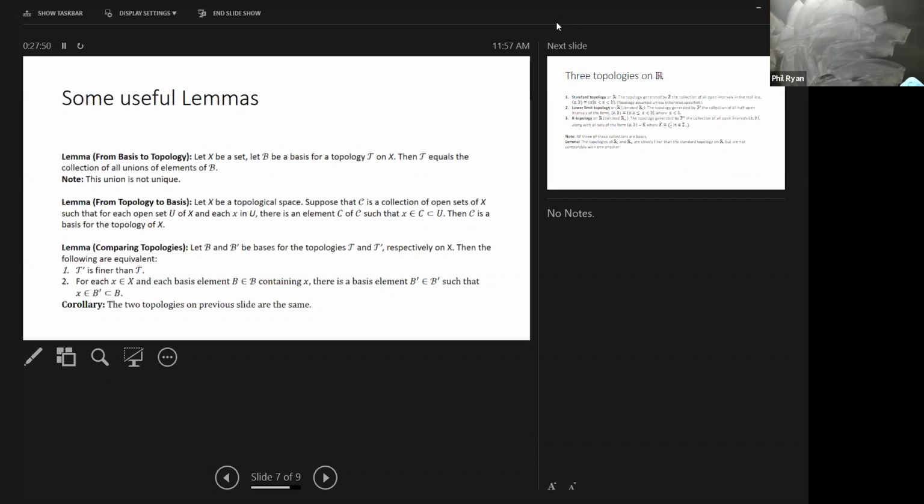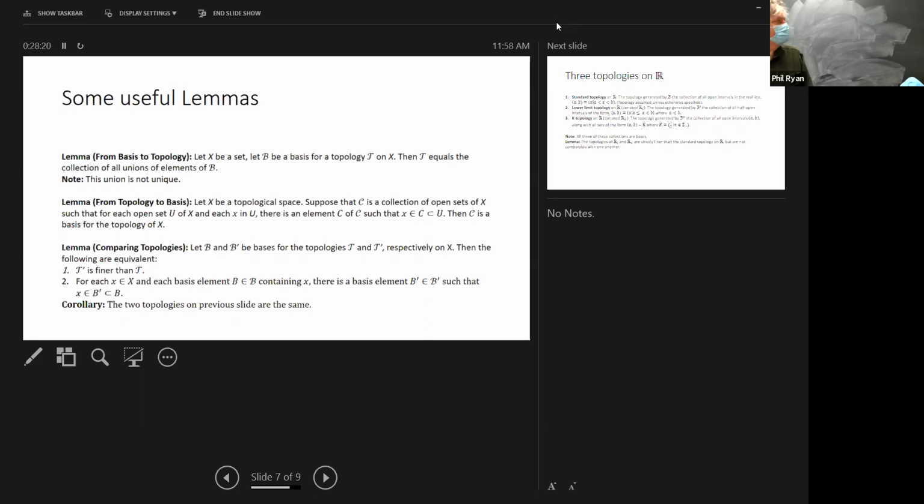If we're given a set X and a basis for the topology, then the topology equals the collection of all unions of elements of that basis. And these are arbitrary unions.